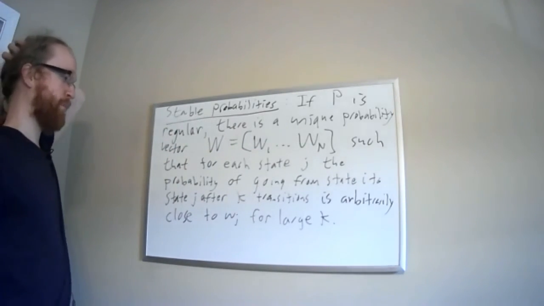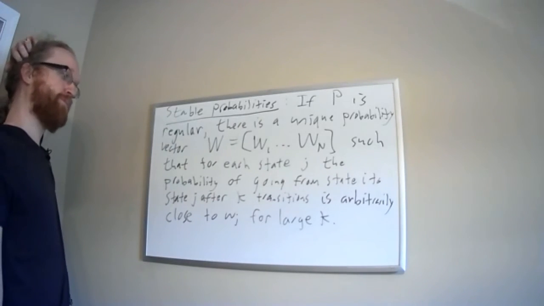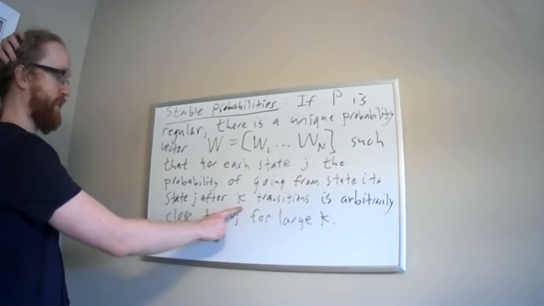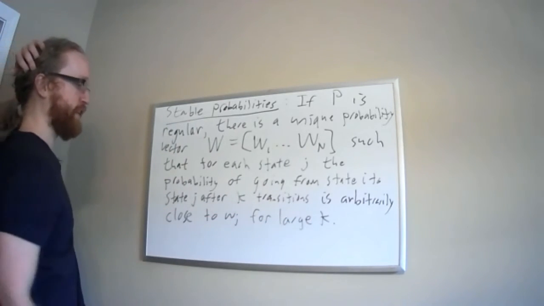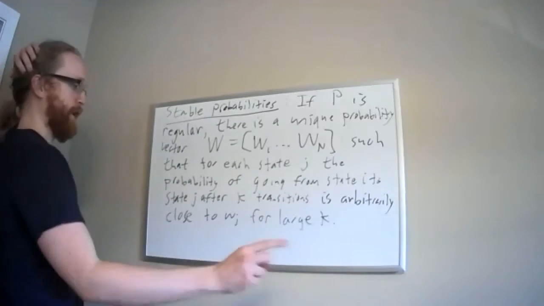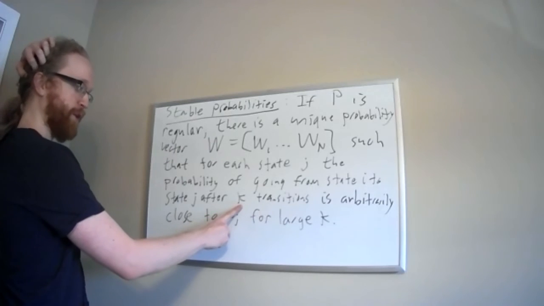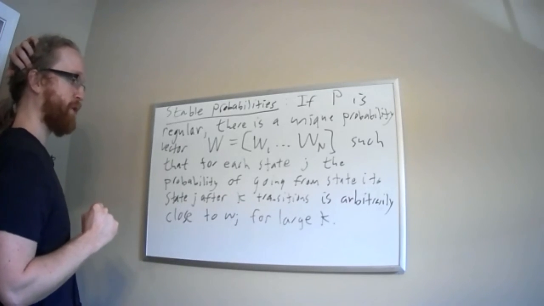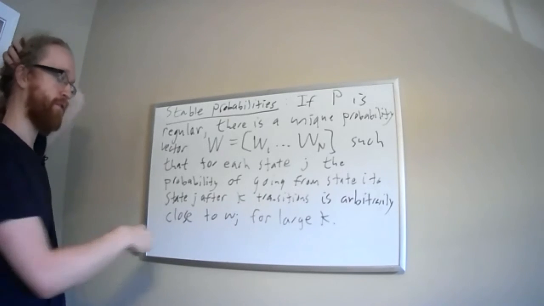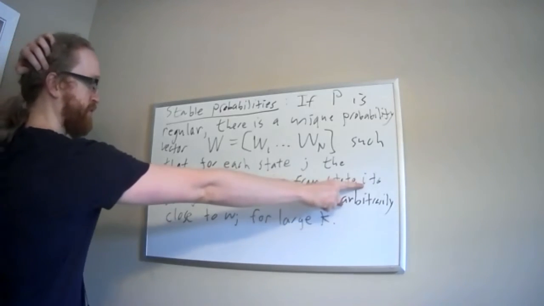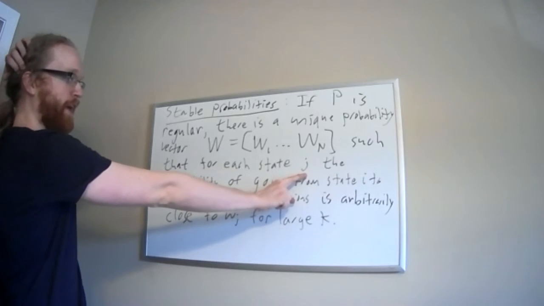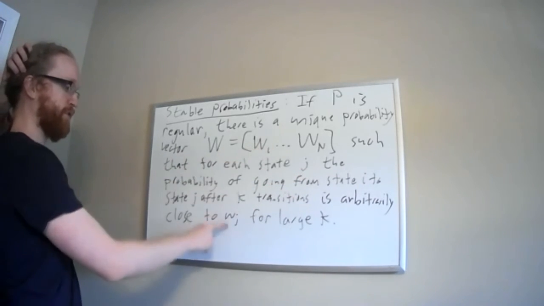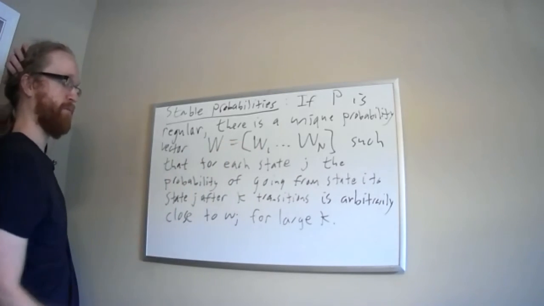And what I'm saying here is that if I do enough steps, so when I say for large K, I just mean do a ton of steps. If I do enough steps in my Markov chain, then the probability of going from some state to another state after that many steps is basically just the number Wj from my vector.